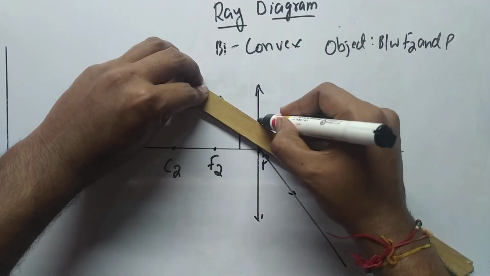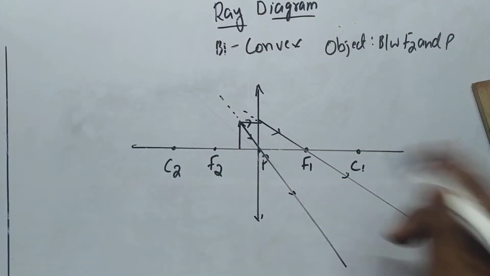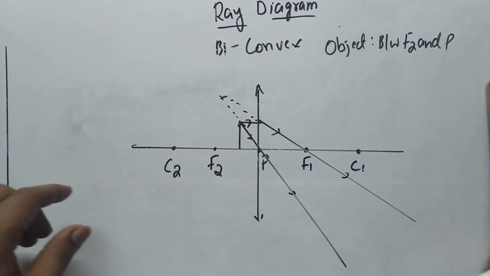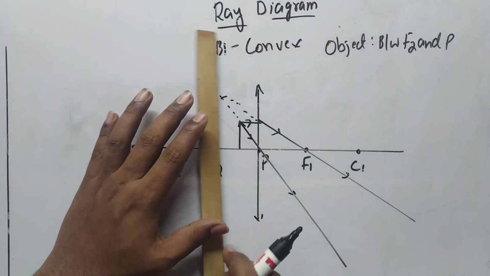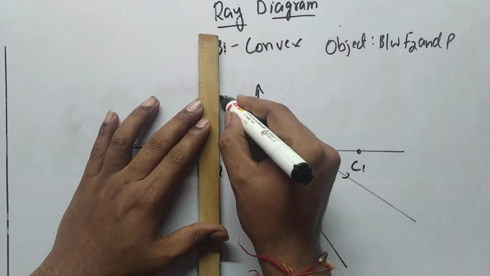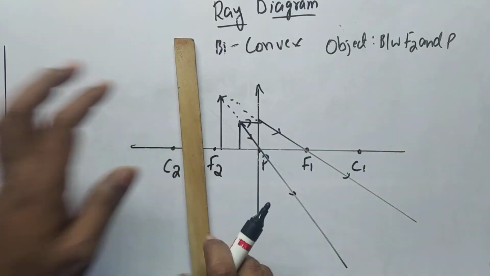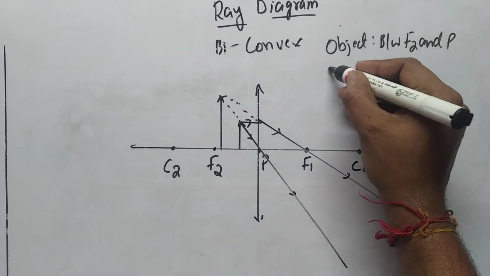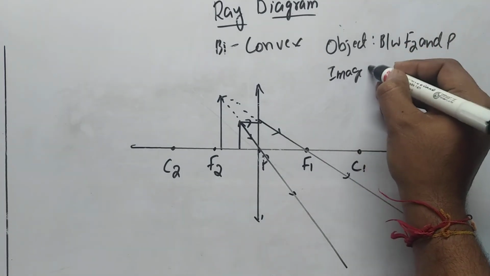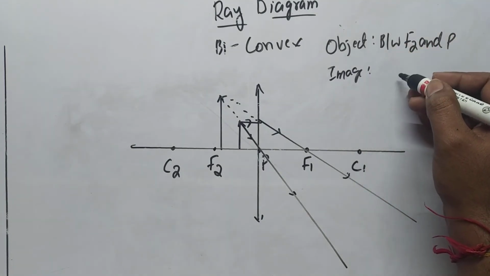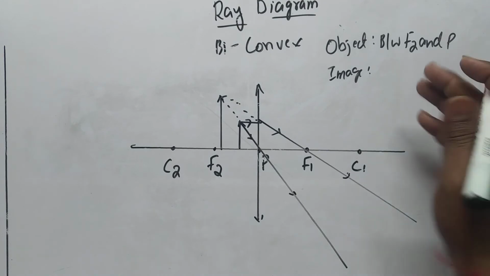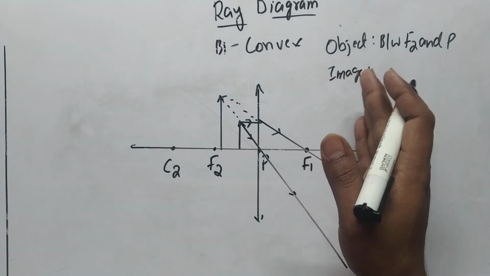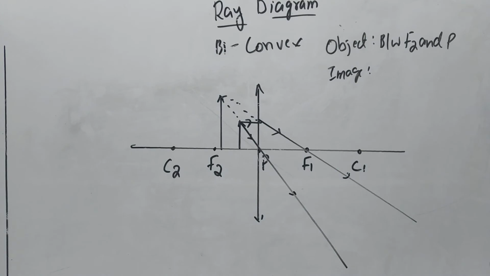So we find that when you extend the line behind the lens, they intersect at a point. Okay, so we can find that an image is found behind the object. So in this case, when the object is placed in between focus point and optic center, the image which we'll find is found behind the object. The image is found behind the object, right?